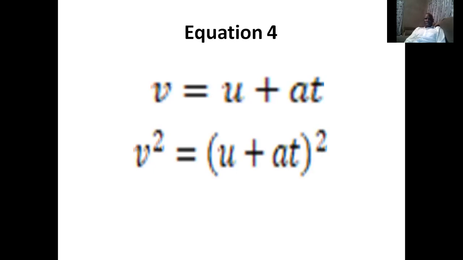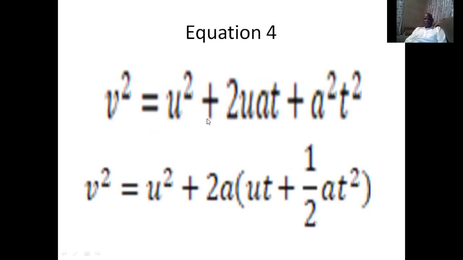If we square both sides, we have v squared equals the whole expression squared. Expanding it, we get u squared plus 2u times acceleration times time plus acceleration squared t squared.